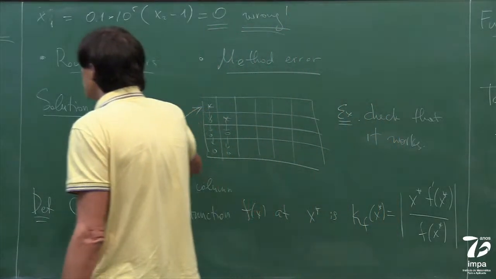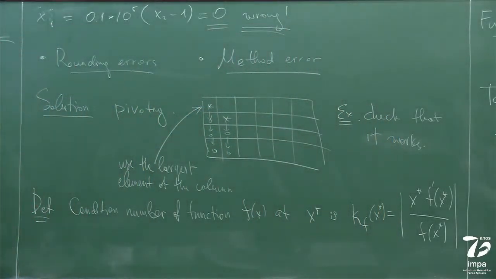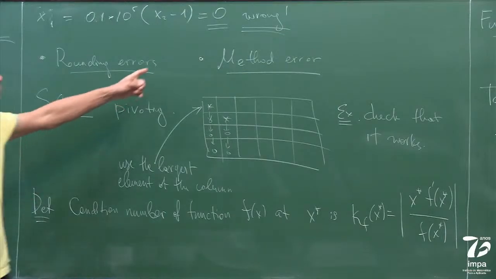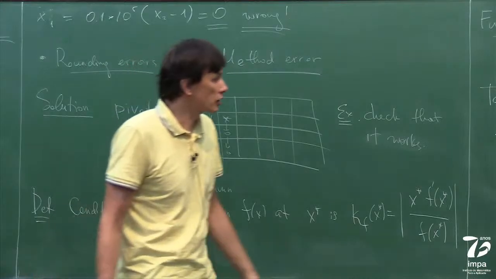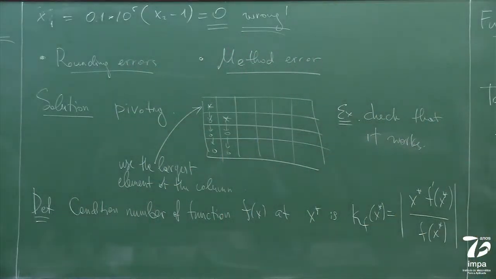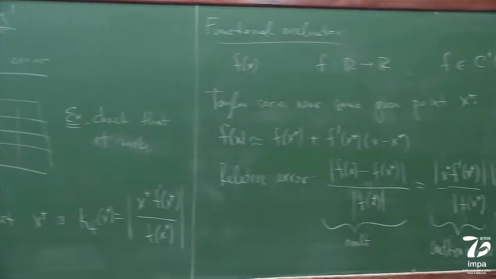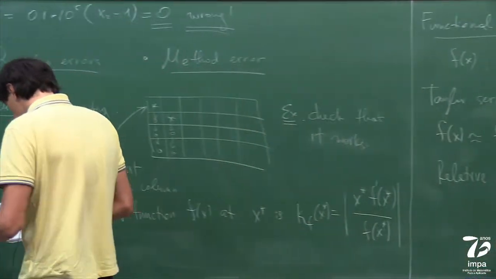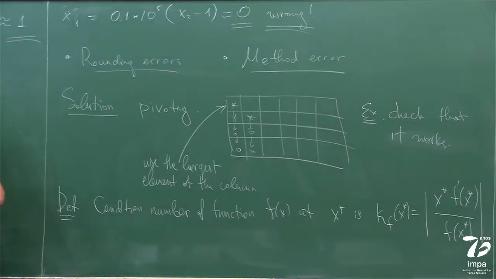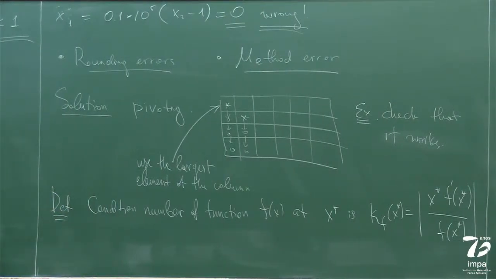So you can see in this example the error increased 100%, right? So the condition number is the increase of your error, which you can compute a priori knowing the function.